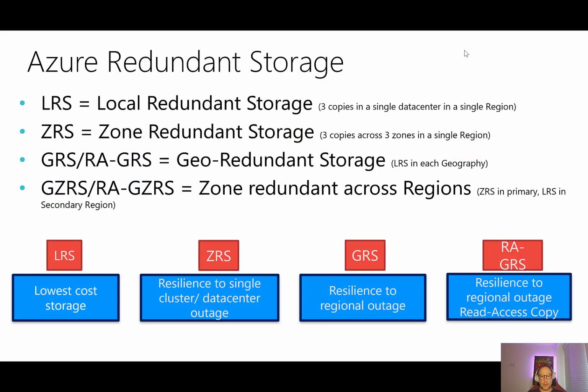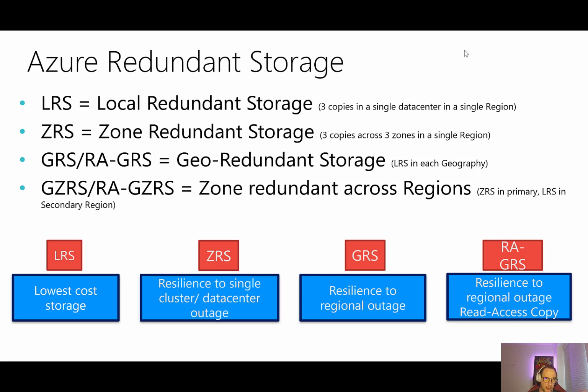Besides the runtime virtual machines, there's also storage in the backend. When you create a storage account, so not the managed disks for the newer virtual machines, but overall storage backends, if you want to use file services, file shares, or blob storage, that would be Azure storage accounts. We also provide you high availability options to choose from. Locally redundant storage gives you 3 copies in a single data center region.